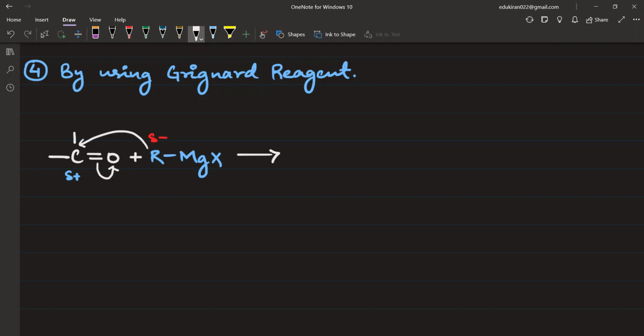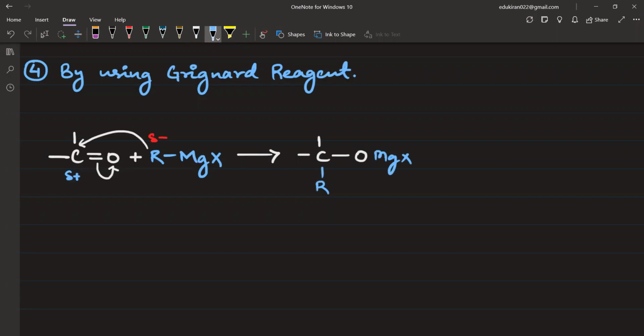now please see this R group is getting attached to the carbon atom. First of all, I will make this carbon as it is. The pi bond has broken, so we have oxygen here, and this carbon is getting the R group of the Grignard reagent, and we are getting MgX from the Grignard reagent as well. All of you got it?